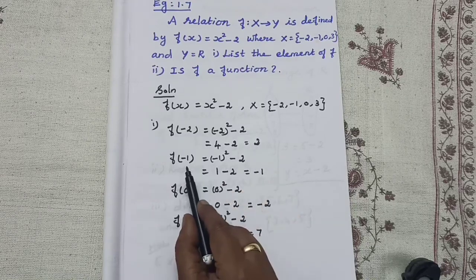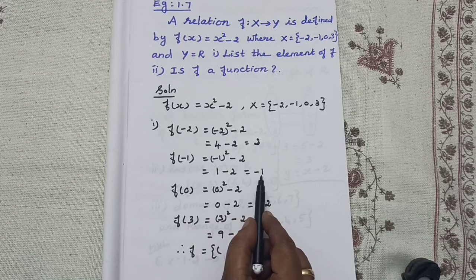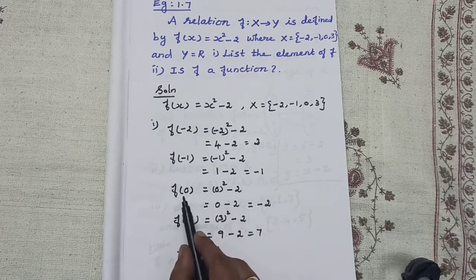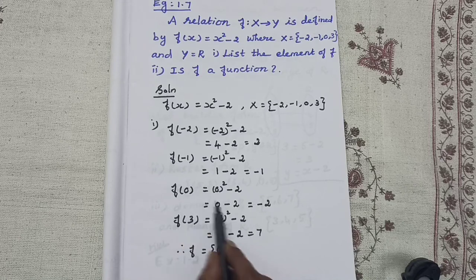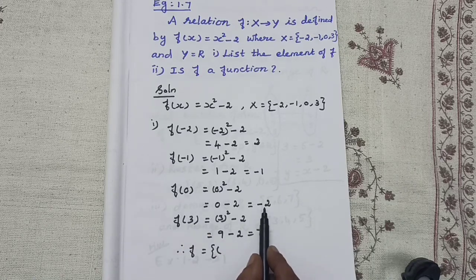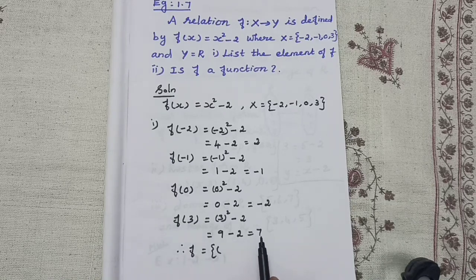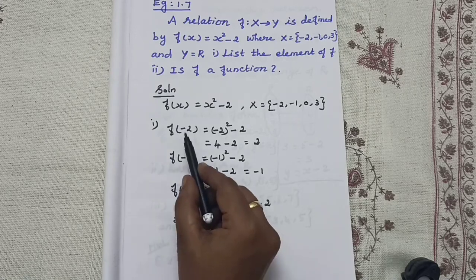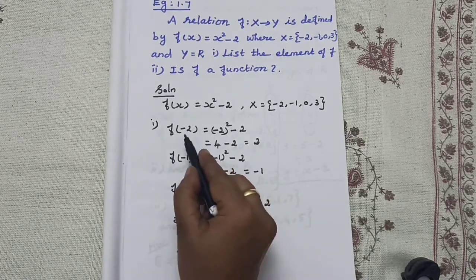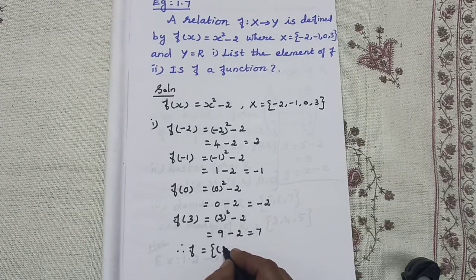When x is minus 1, f of x is minus 1. When x is 0, f of x we got is minus 2. When x is 3, f of x is equal to 7. So we have to write these in ordered pairs: (minus 2, 2).